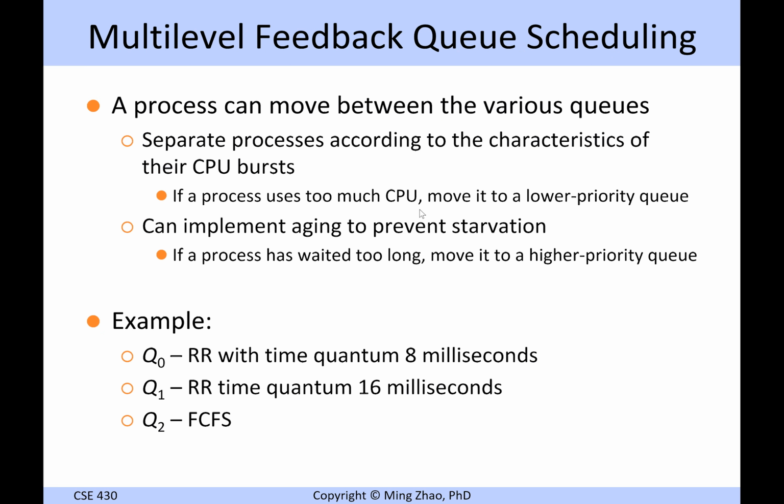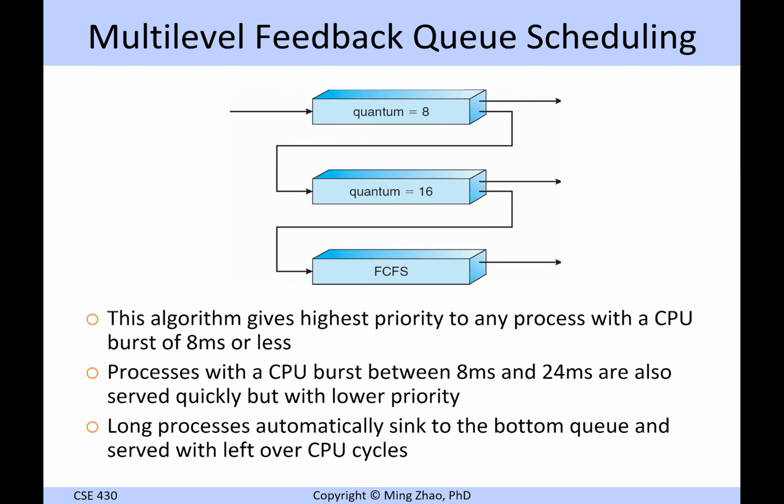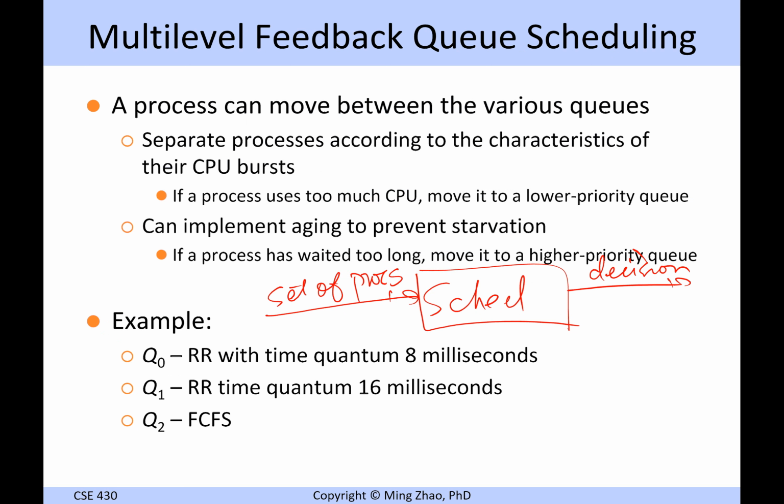So we have a scheduler here, and it is given a set of processes. Then it makes a scheduling decision. The scheduling decision is basically which process to schedule next.